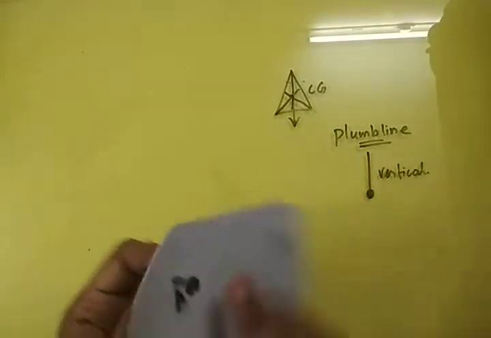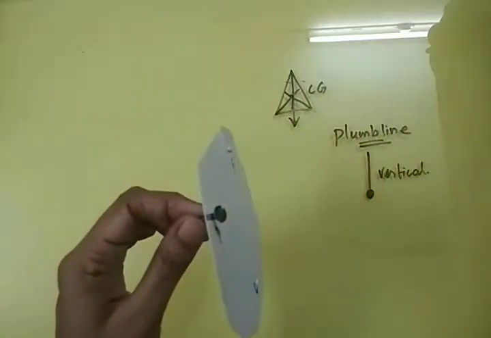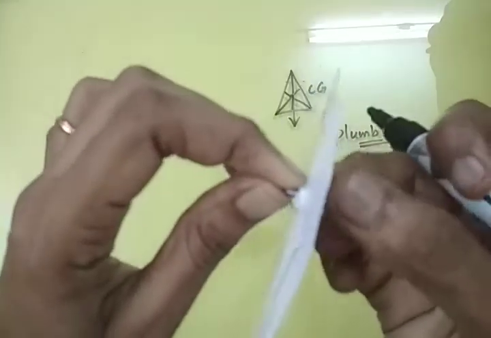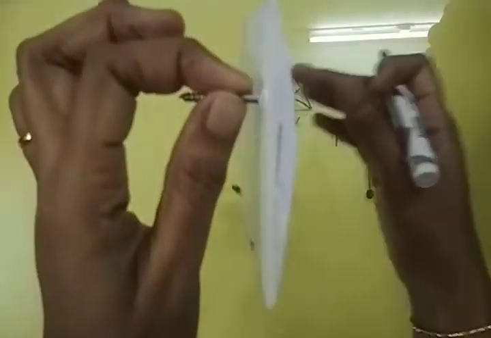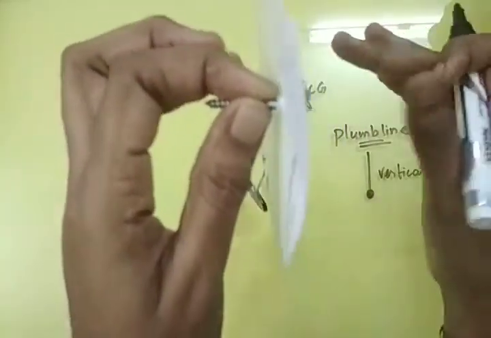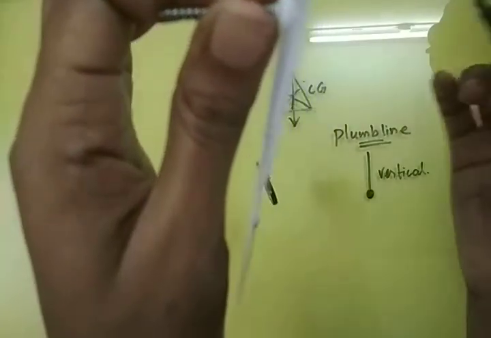and I will ensure that it can freely rotate about this. And then I am going to hang this plumb line, right? In this manner, and see where the plumb line hangs on this surface.